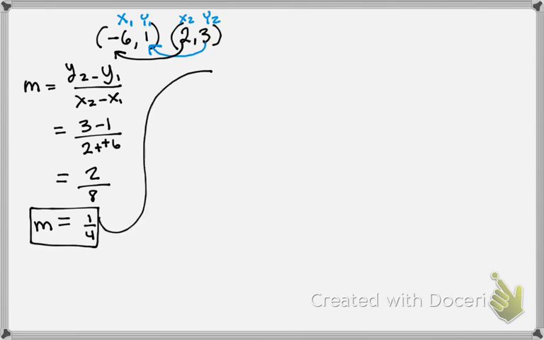I'm going to use that. M equals 1/4. And what else do I need? Yep. You need the point. I need a point. Now, I get to choose my point. I choose which point?